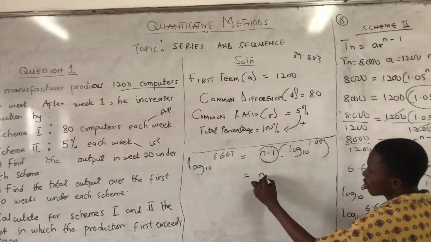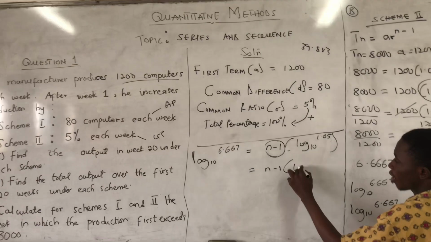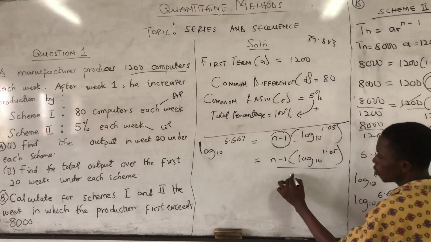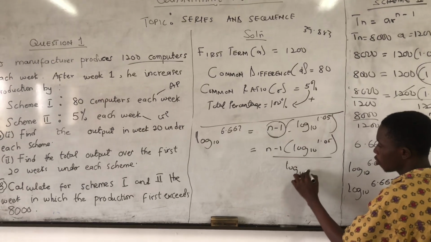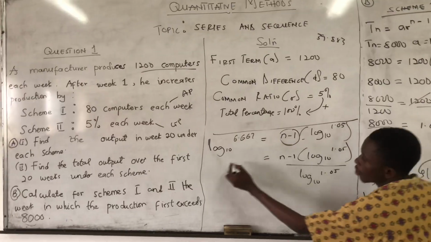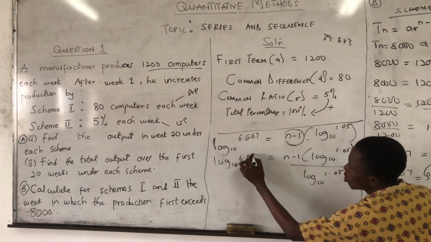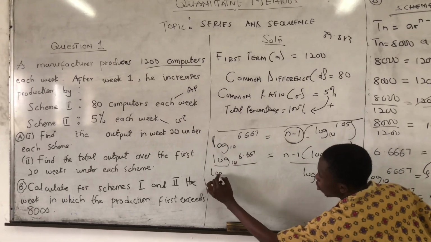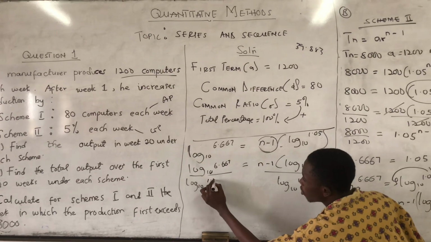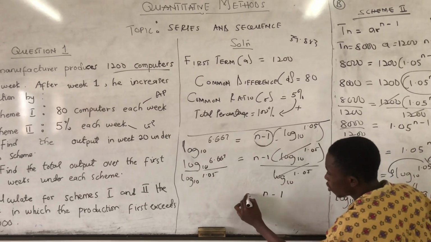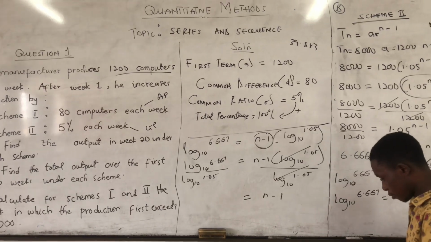So n minus 1 into brackets log 10 1.05 is log 10 of 6.667 over log 10 of 1.05. So I move this out, and now n minus 1 is equal to, let me find this.